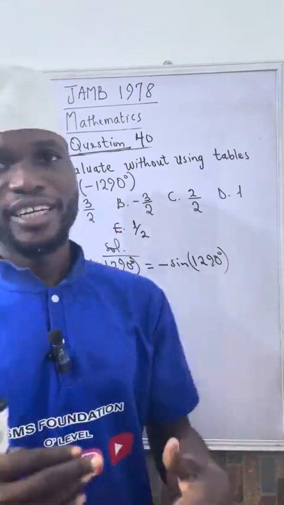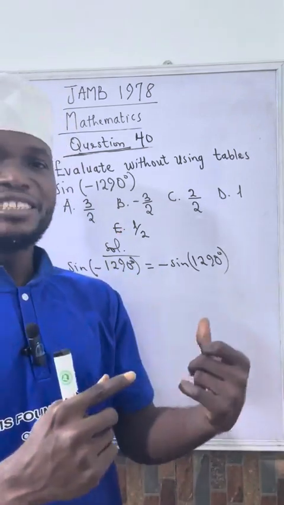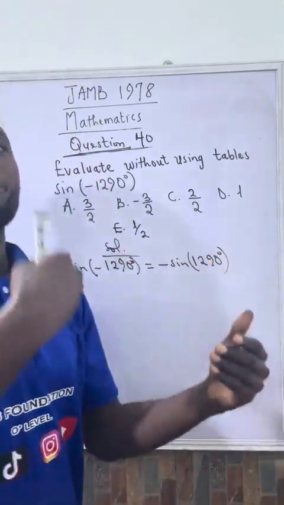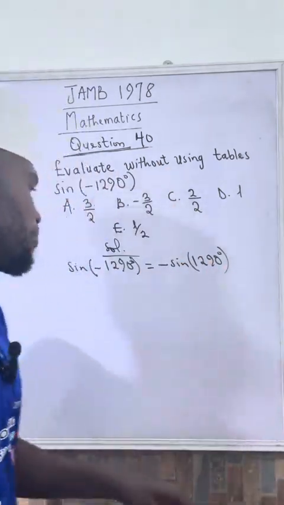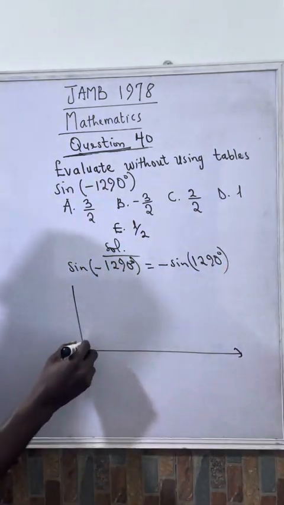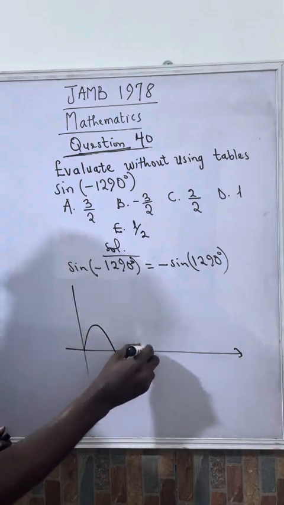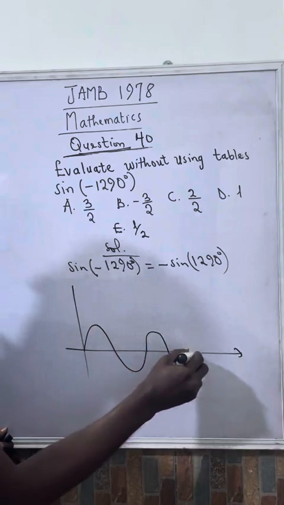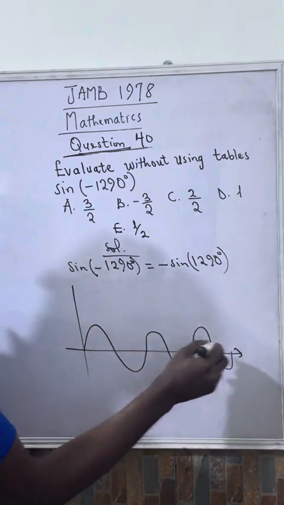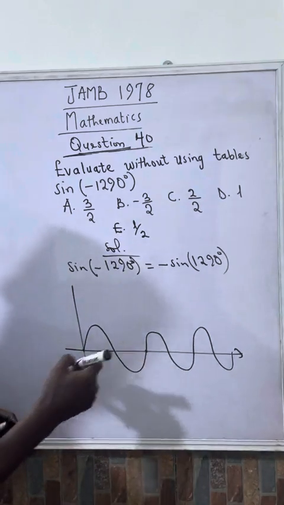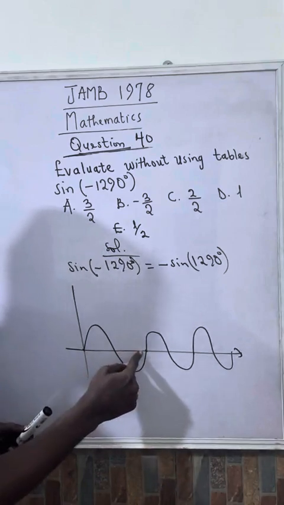So what do I mean by that? It means after a certain value, which we call the period, the value starts repeating itself again. If I plot the graph of sine, this is how it looks. It starts all over again. Starting from here to here, we have completed one oscillation.